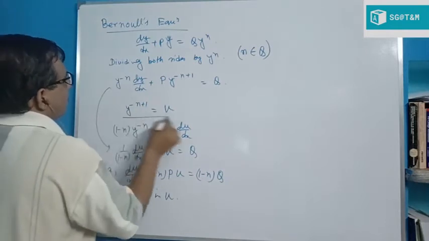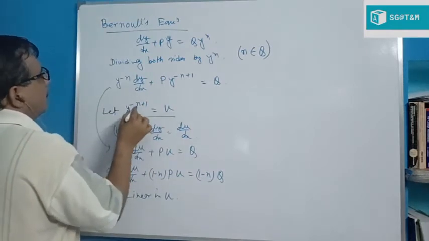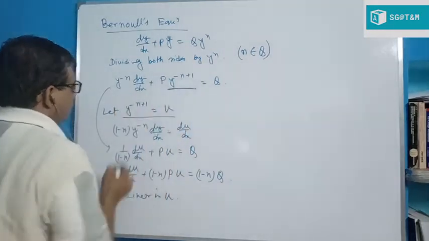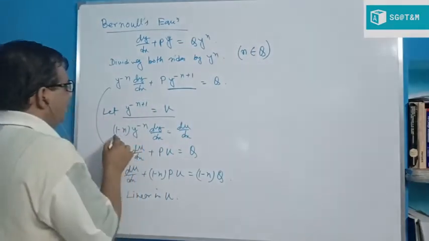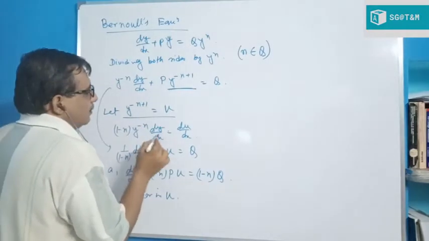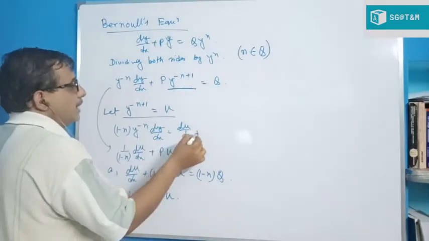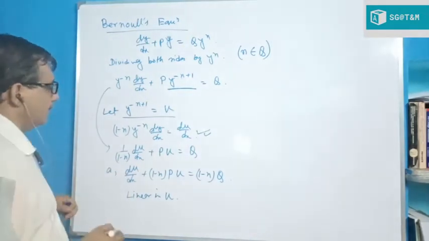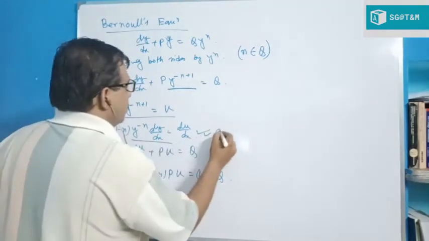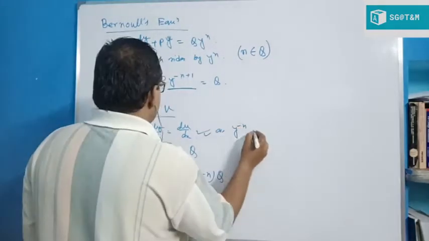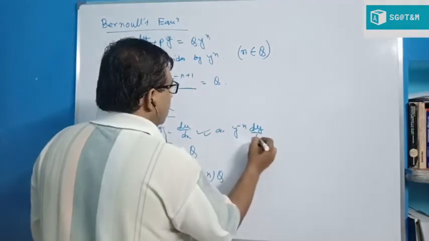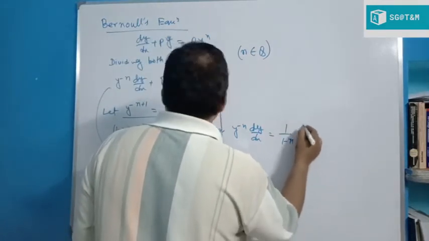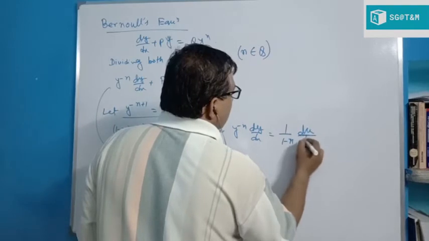So first we substitute y to the power 1 minus n is equal to u. What happened? So 1 minus n y to the power minus n dy dx is equal to du dx. Now if we replace these things, from this we can write y to the power minus n into dy dx is nothing but 1 by 1 minus n into du dx.